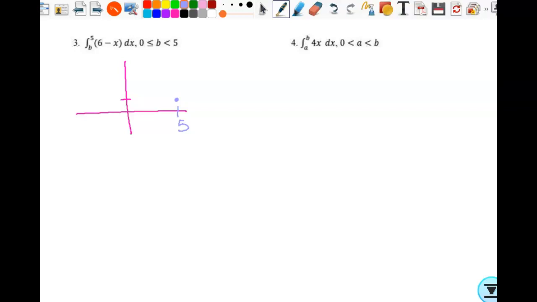So what is the y-intercept here? 6, okay? That tells you two things: it's going to go like this, plus I should know that because it had a negative slope. I don't even necessarily have to mark it up there at 6 because it doesn't have to be to scale. It's just going to look something like this, right? And we'll just put b somewhere because we don't know where it is, but we know it's between 0 and 5.